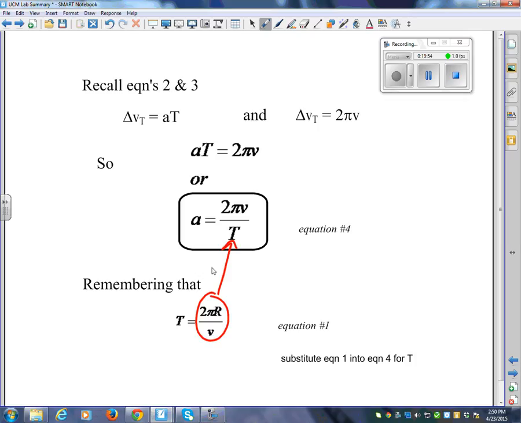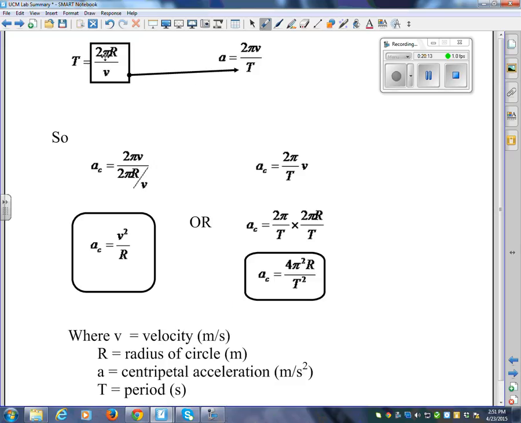This that I circled in red is equal to t, which I'm going to then place in there for t, because the t is t, right? And what am I going to get? A mess, right? An ugly fraction mess. You know that's coming, don't you? Here's what it looks like. I'm going to take that 2 pi r over v, and I'm going to stick it in there, and I get 2 pi v over 2 pi r over v.